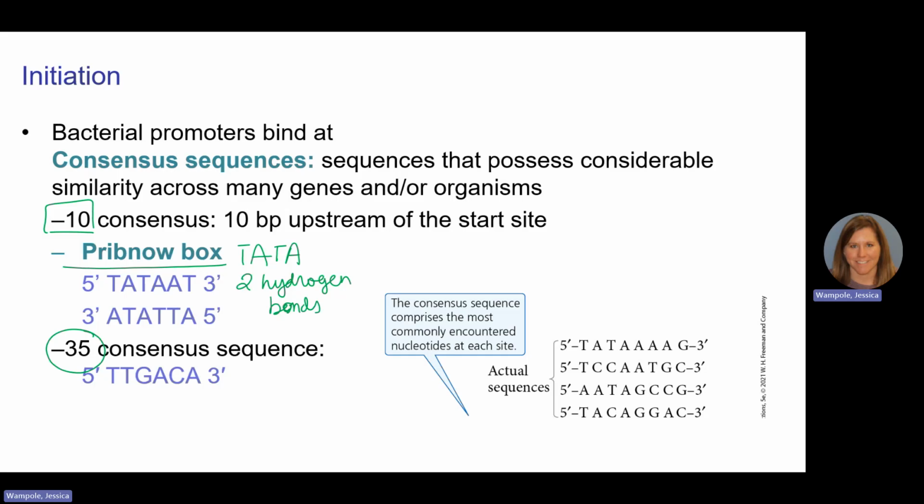And the -35, I was thinking this was supposed to say 3' to 5', but -35 means it is 35 base pairs upstream from the start site. And plus would mean it's downstream. Yes.